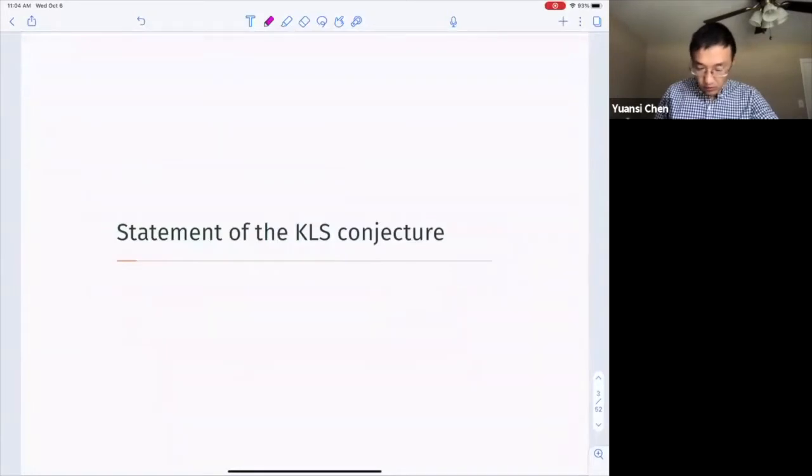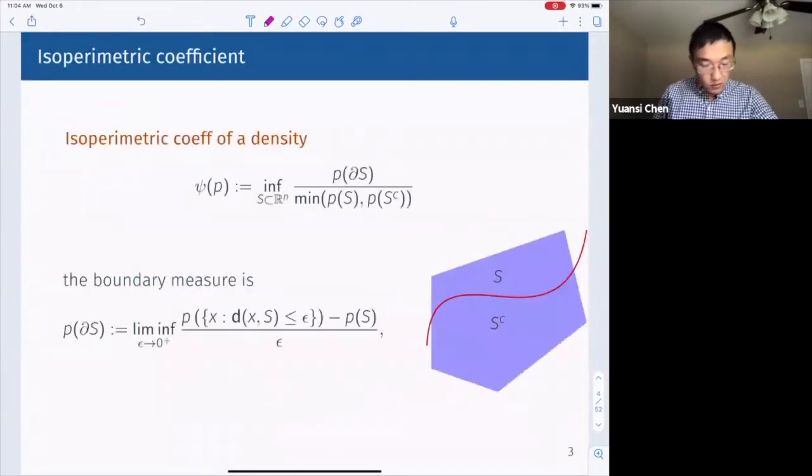Okay, let's state the conjecture. The conjecture is about the isoperimetric coefficient of log-concave densities. The isoperimetric coefficient for any density is the ratio between the boundary measure and the minimum of the set measure and its complement. In this case, the density is the uniform distribution over a convex set.